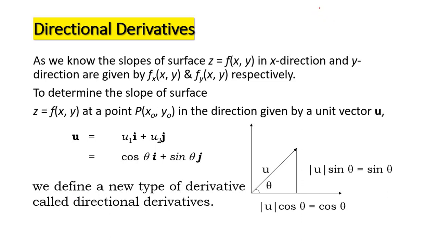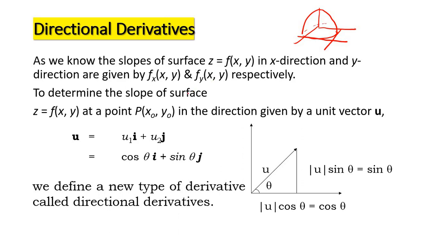For example, we have a surface like this, a paraboloid surface, and the slope parallel with the x-axis is given by fx, and the slope which is parallel to the y-axis is given by fy.